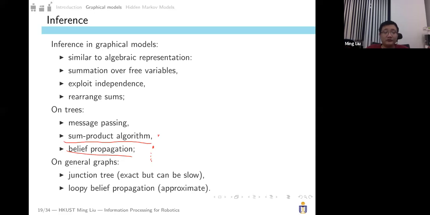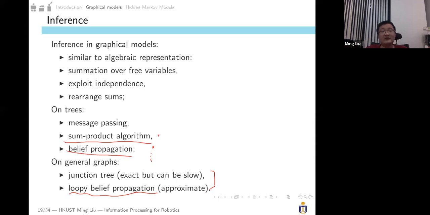And on a more general graph, sometimes we want to exploit the junction tree, and sometimes we use loopy propagation, which is an approximation algorithm. Some of you may know these names. If you think it's necessary to know, you can either check other material or write me an email.